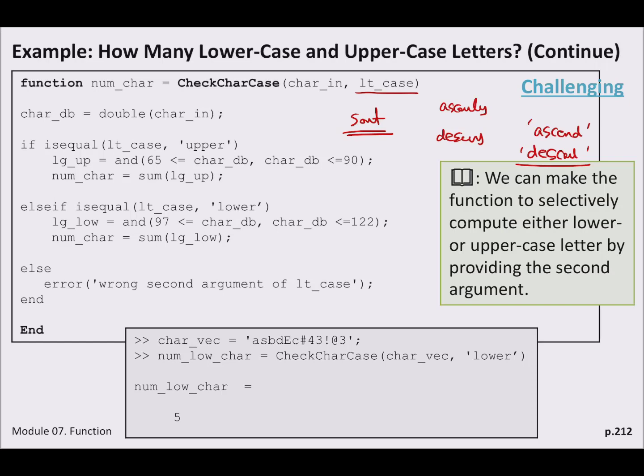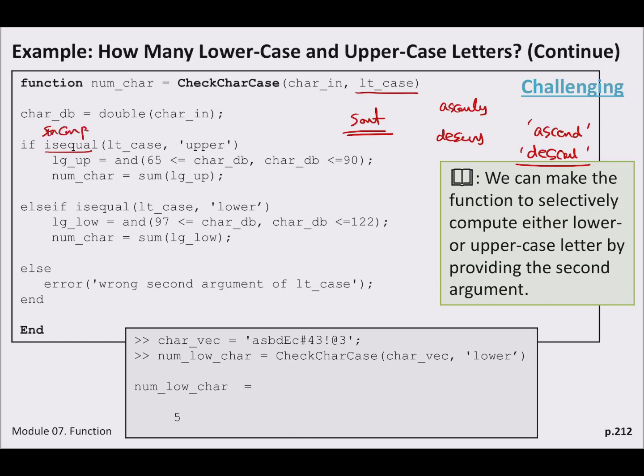How do we evaluate the number of lowercase or uppercase letters depending on this option? We can use the if statement and is equal, or this could be string compare.